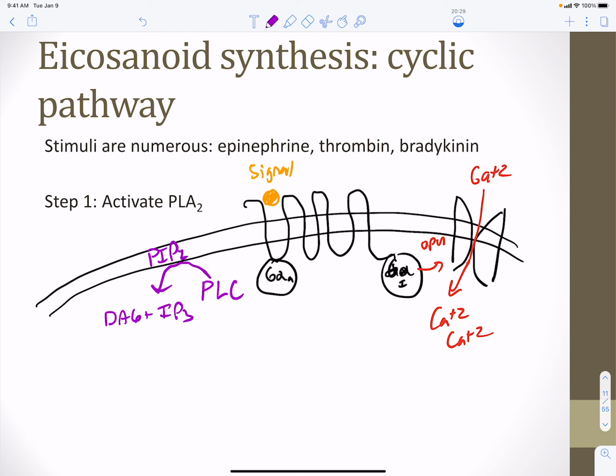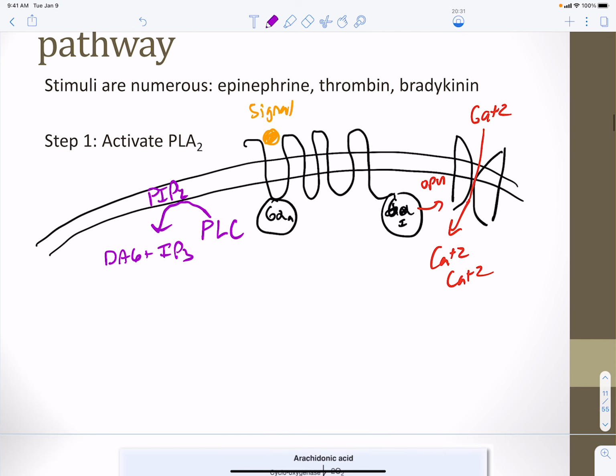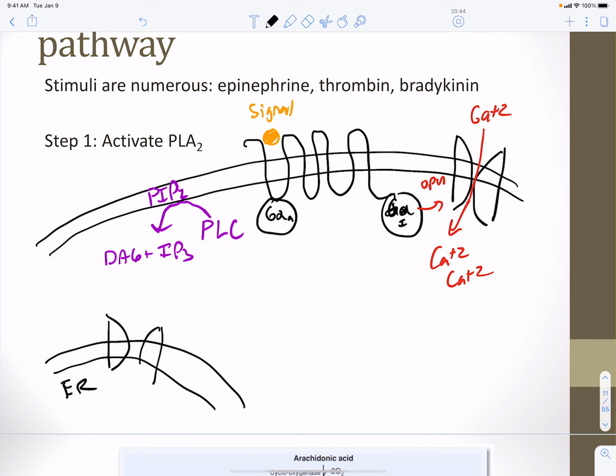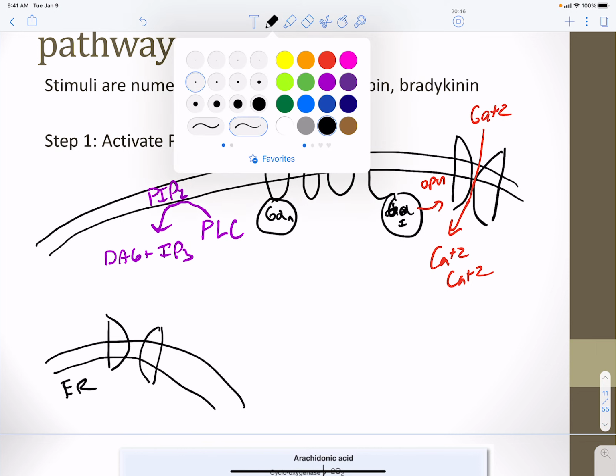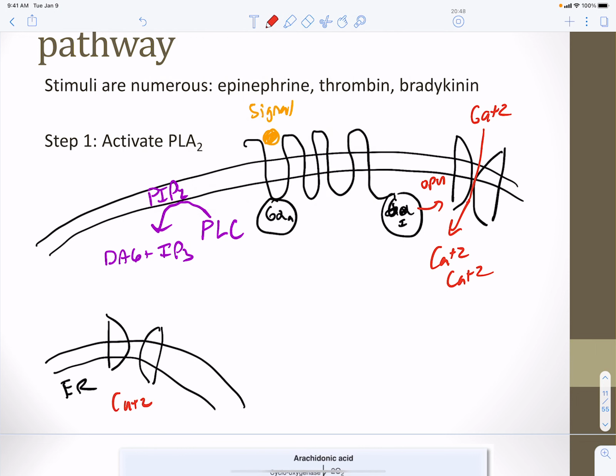And then you also have IP3 that can go into the endoplasmic reticulum. So here's our ER. And we have a calcium channel in our ER. So here's calcium, and in this case, calcium is going to come out this way.